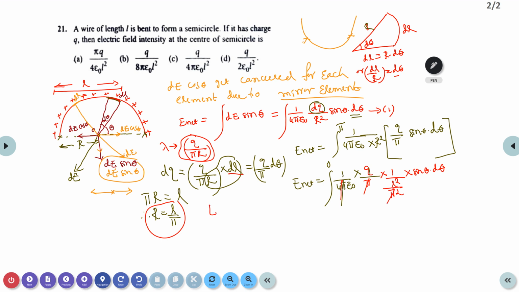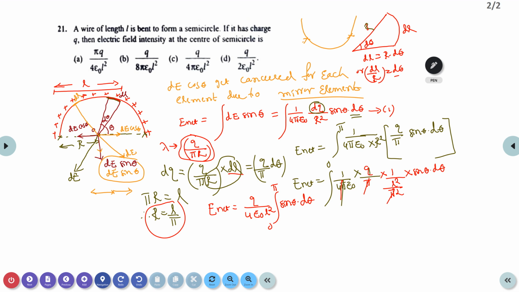Here E net equals, which are the constants here? Q is constant, 4 epsilon naught into L square, integration from 0 to pi of sin theta d theta.